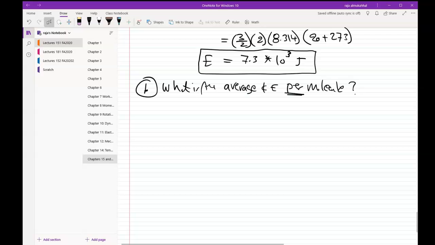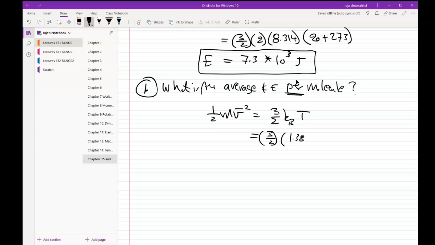So the average kinetic energy per molecule, 1/2 m v bar squared, is equal to 3/2 K sub B T. So that's 3/2 times K sub B, the Boltzmann constant, which is 1.38 times 10 to the negative 23, times the temperature, 20 plus 273, that makes it 293, right?